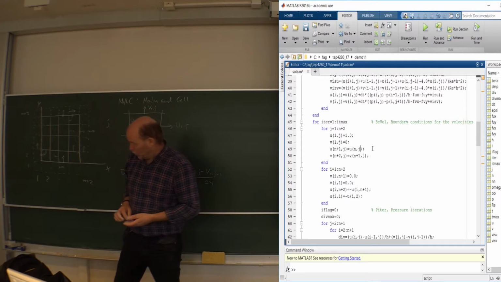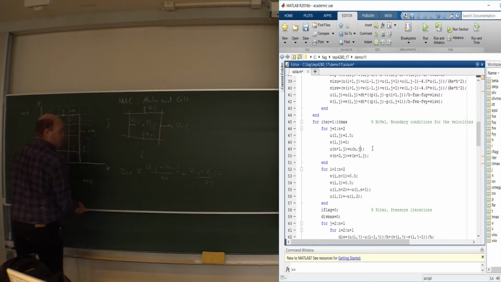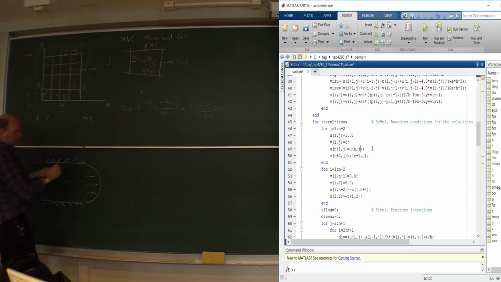So the philosophy will be as follows. You do something wrong on the outlet here in this region. You're sort of now demanding that the streamlines should be horizontal. That might be enforcing something unphysical into the problem.